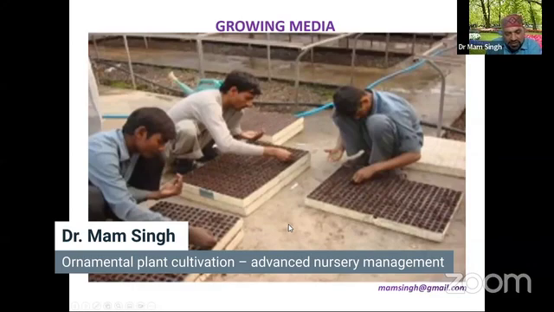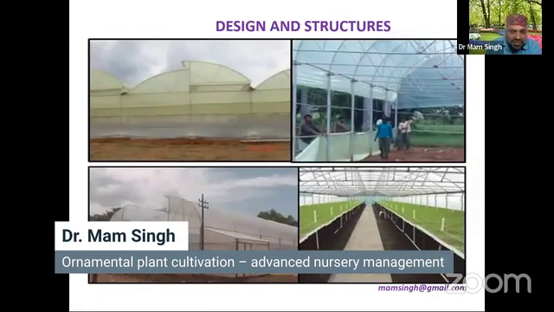Then comes the role of the growing structure and its design. Normally, if you have a normal climate, you can still have a structure where the curtains can be lowered and raised during the winter and summer months, and enough ventilation can be provided.